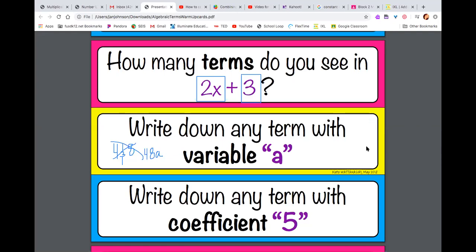Evelyn, can you give me an example of a term with a coefficient of 5? Some examples are 5y and 5n. Well, then what about Javier? I think Javier needs help.